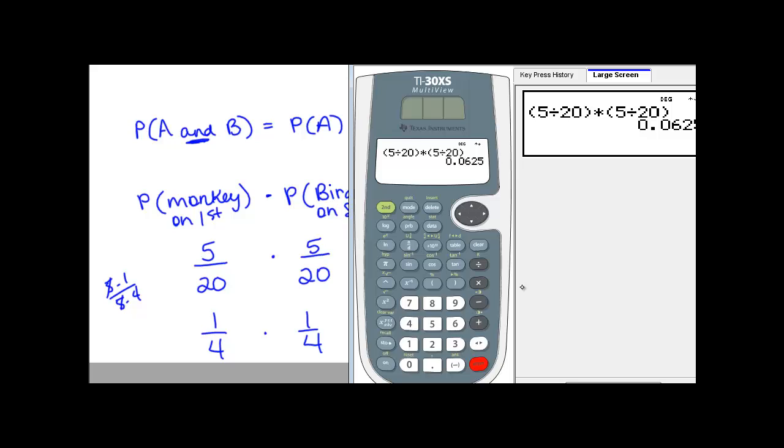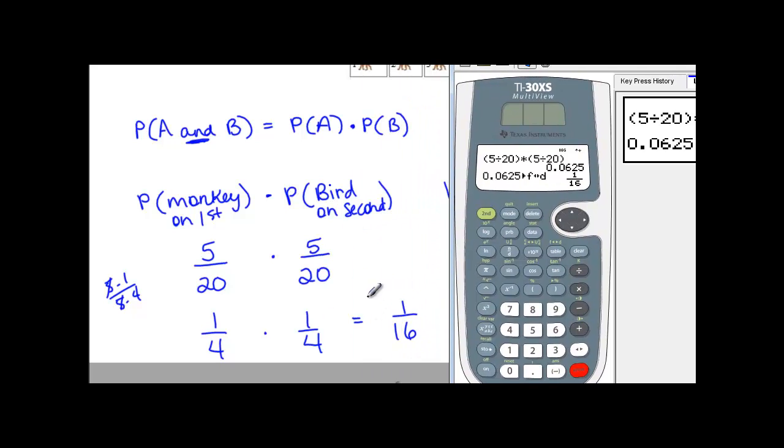It does say type an integer or a simplified fraction. So we can change this decimal back to fraction form by pressing second and the table key, which would give me 1/16, and that's what we got here as well.